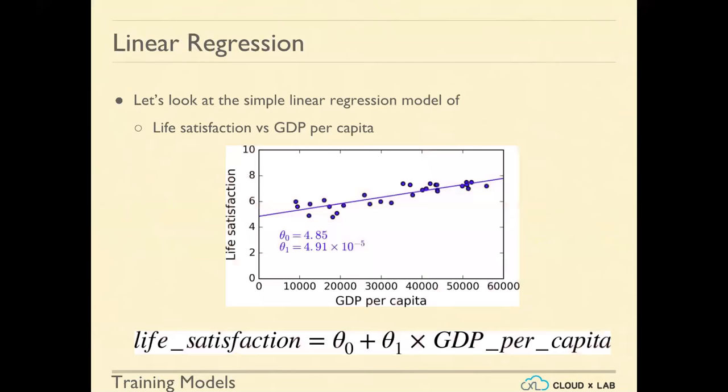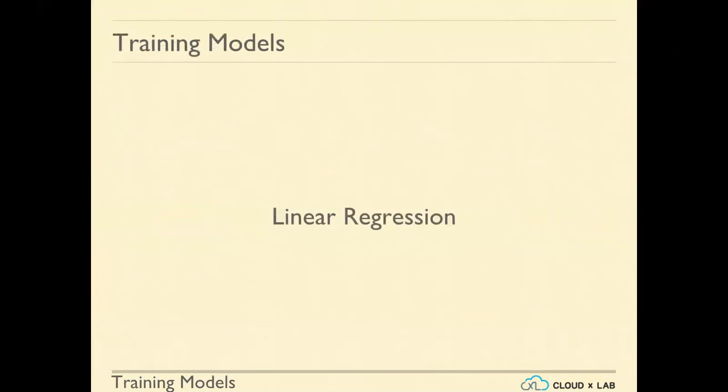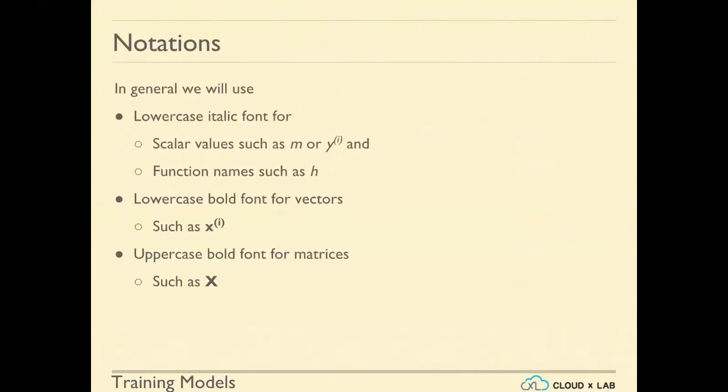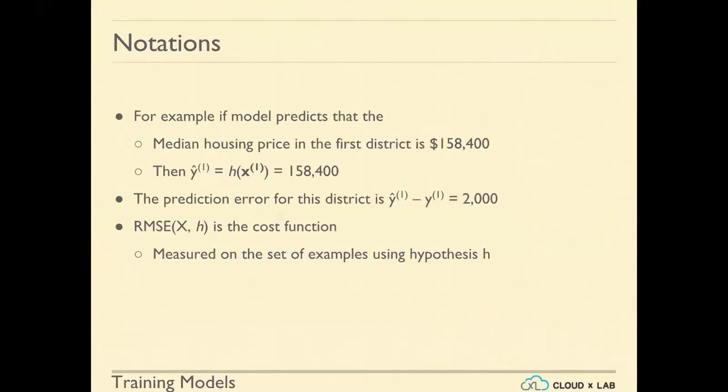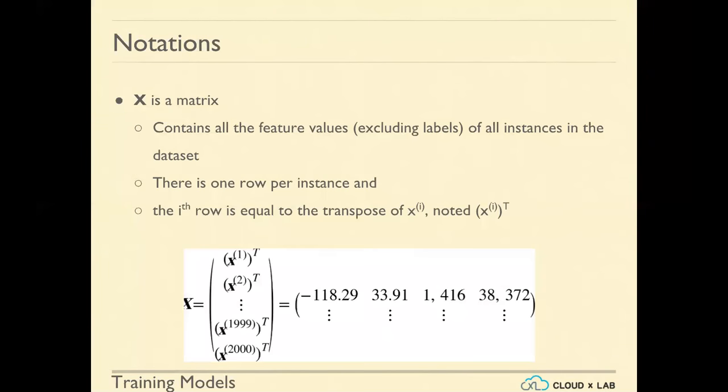Now, let's understand what is meant by regression, linear regression. Okay, I hope this is clear. So m is for the number of instances.